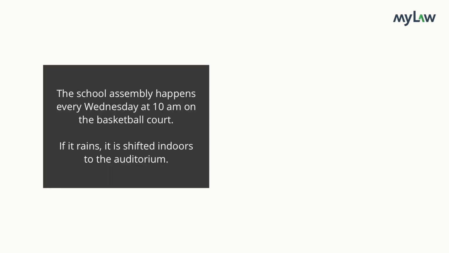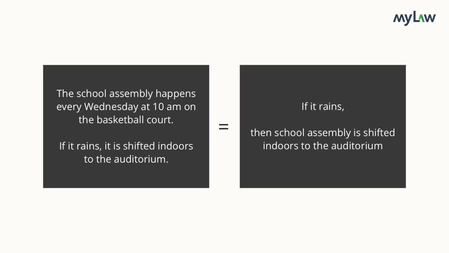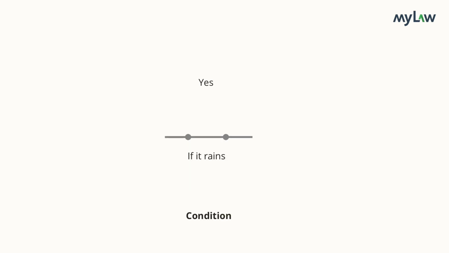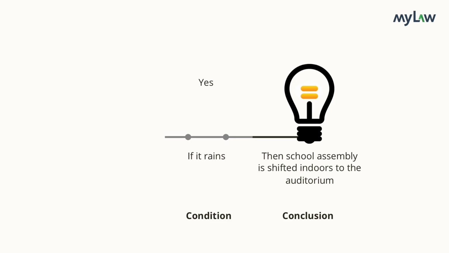The school assembly happens every Wednesday at 10 a.m. on the basketball court. If it rains, it is shifted indoors to the auditorium. This can be reduced to, if it rains, the assembly is shifted indoors to the auditorium. It is quite simple. If it rains is the switch. If it is on, then we have to conclude the assembly is shifted indoors.